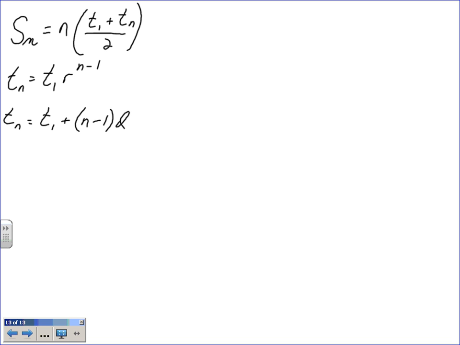Common difference. Okay, and that formula is used to find any term in what type of sequence? Arithmetic sequence. Okay. So we have an arithmetic series, an arithmetic sequence. We have a geometric sequence. So today we talk about a geometric series.